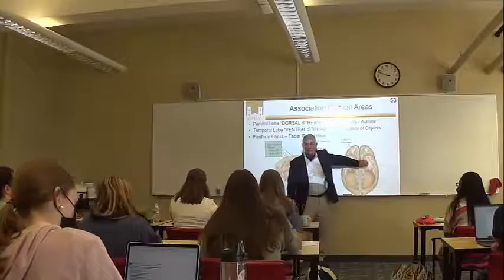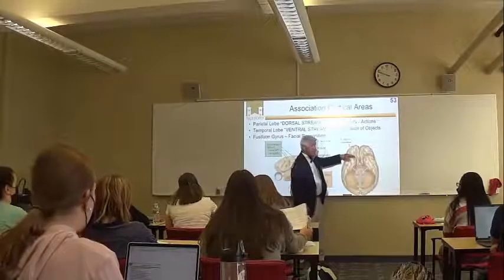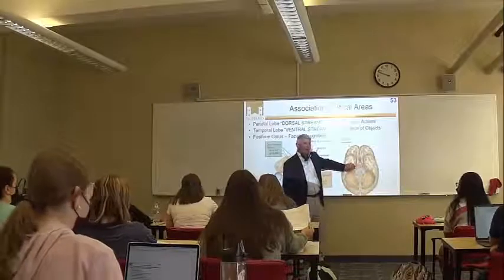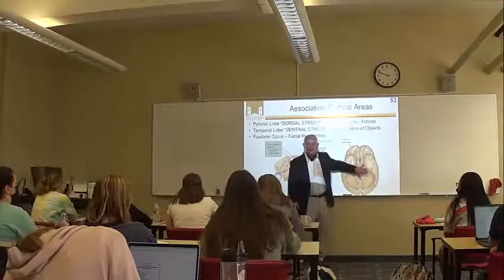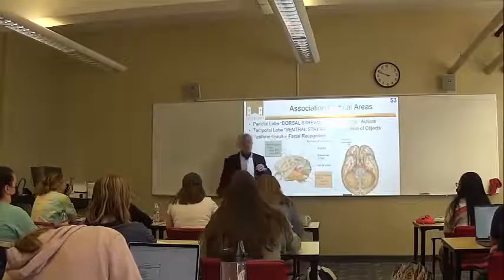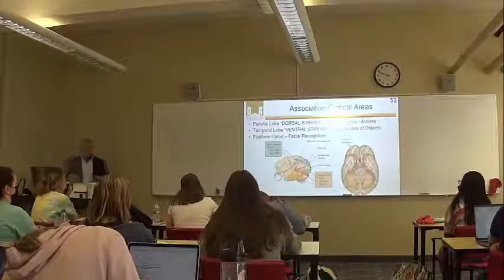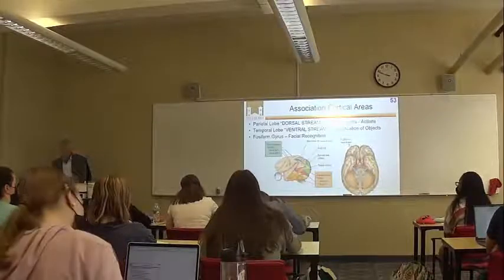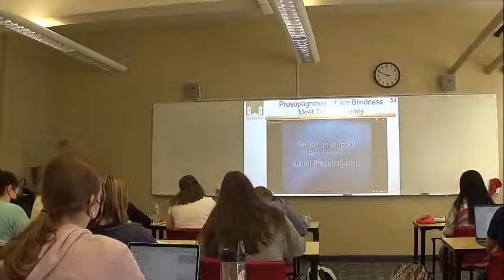It's hard to damage that. It's pretty protected. It's underneath the brain, not sticking out against the skull. So it's pretty rare that it gets damaged. But when it gets damaged, people have problems recognizing faces. And that's a condition called prosopagnosia, big old word. And we're going to meet Terry Sweeney, who has prosopagnosia.